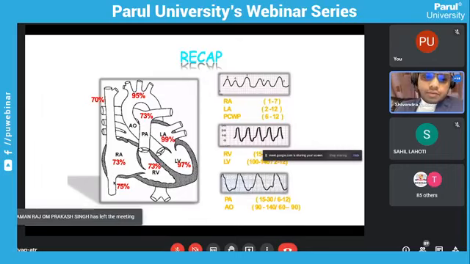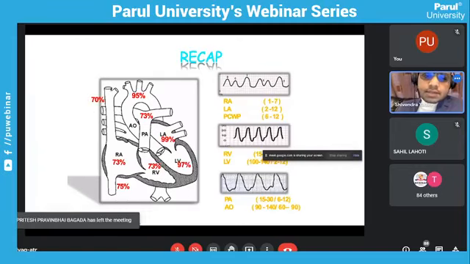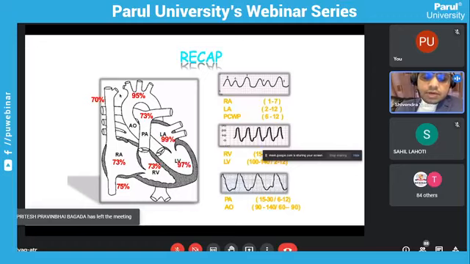Okay, why? Because the brain uses more oxygen, and the superior vena cava is receiving the blood from the upper circulatory system, the brain and other things, and hence you get less oxygen saturation in the SVC when compared to IVC.